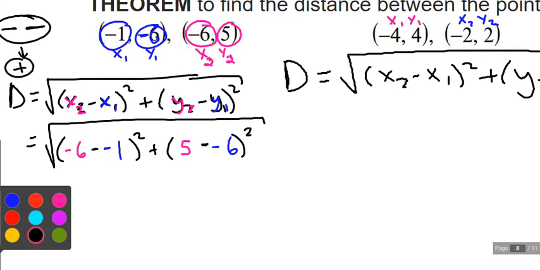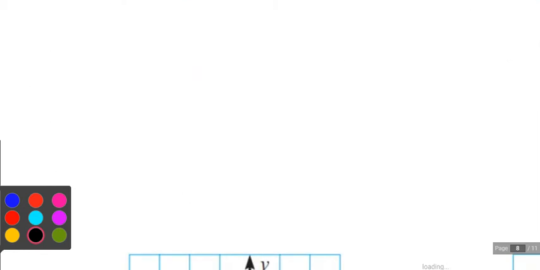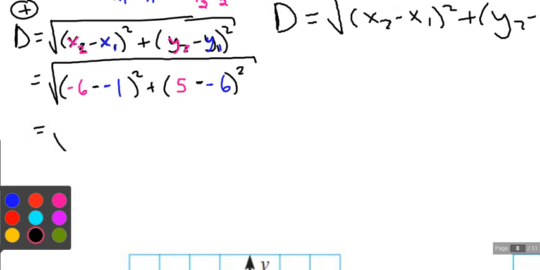Looking at this first example, we have negative 6 subtract a negative 1. That's the same thing as negative 6 plus 1, or simply negative 5, and we'll square that in a second. Here we have 5 subtract a negative 6. That's the same thing as 5 plus 6, which is going to be 11, and we'll square that too.